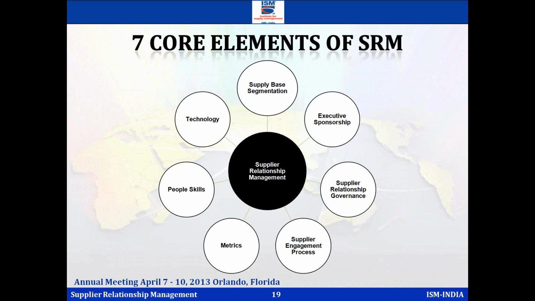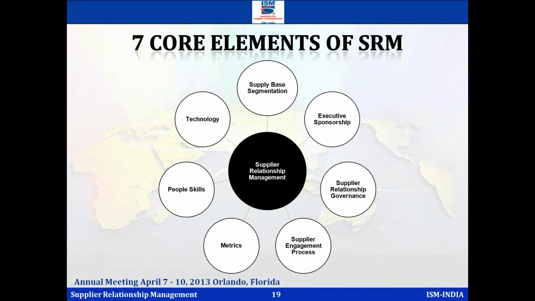When we look at the key elements, the first thing is supply base segmentation. It's very important. You may have 2,000 suppliers. I remember in my organization, we had around 60,000 suppliers. Naturally, if I have to deal with 60,000 suppliers and build a relationship with everybody of the same type, it's impossible. I will need many, many procurement officers.